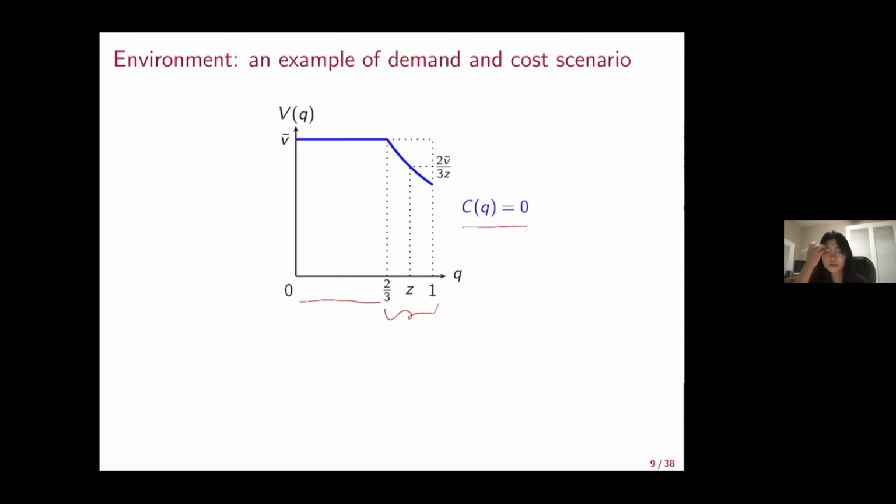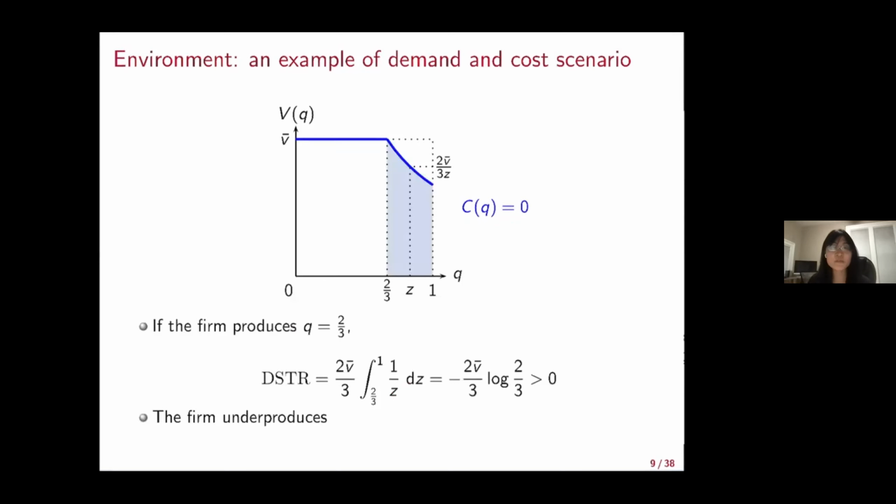So in this market, the firm is indifferent among all the points of this unit elastic demand section. And if we tilt this demand function a little bit down here, the firm would just choose 2/3, right? So in this case, the market distortion is given by this light blue area, and we say that the firm underproduces, right? The firm is producing less than the efficient quantity.